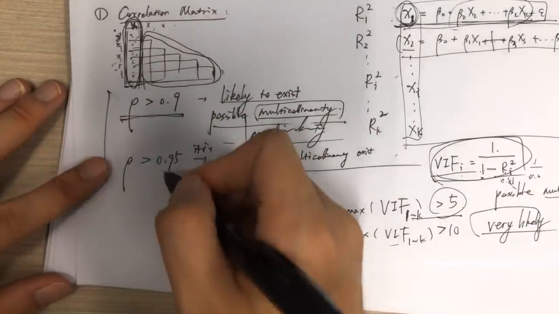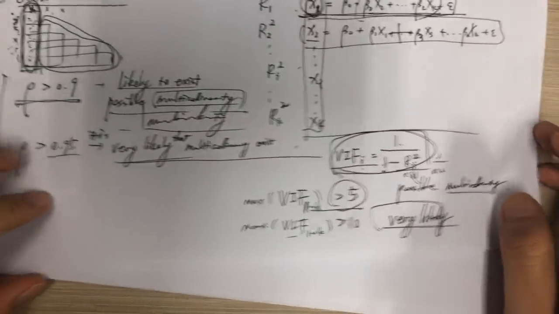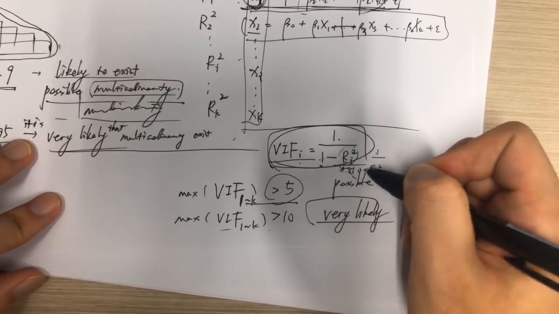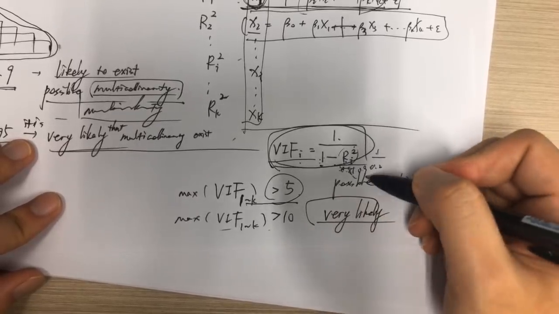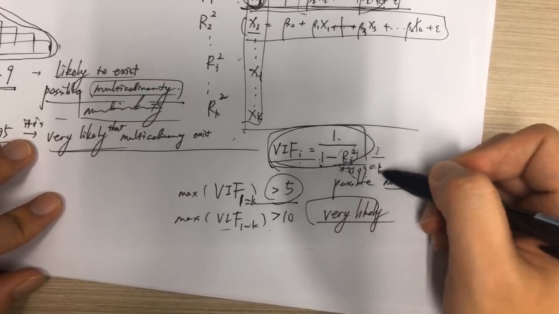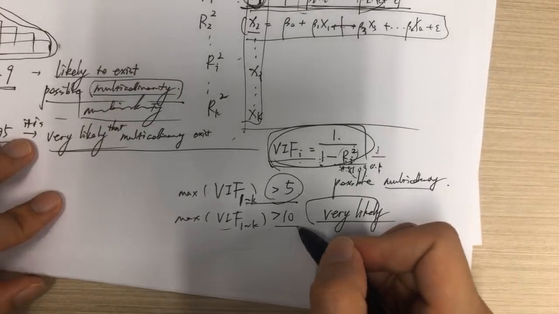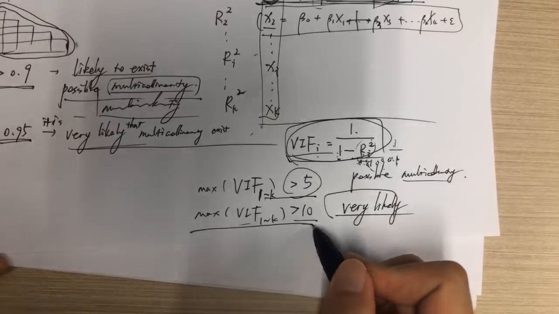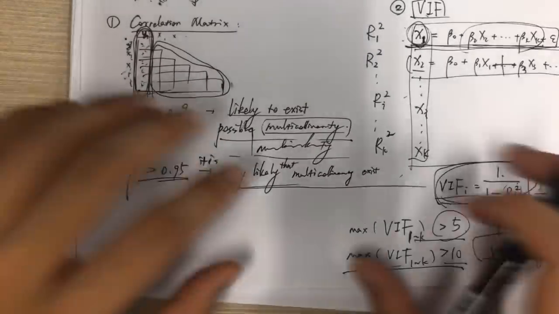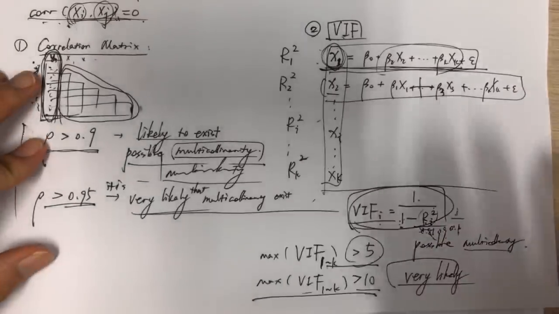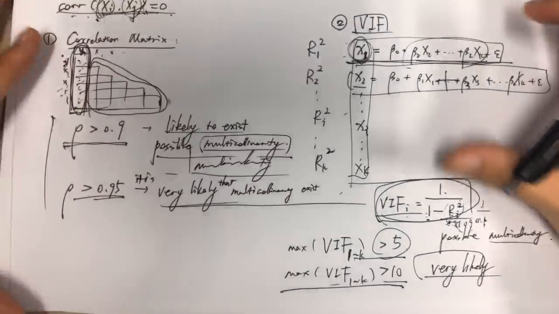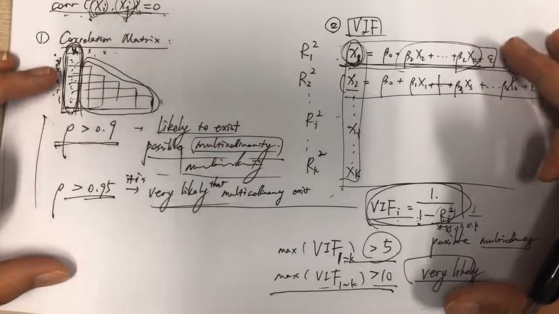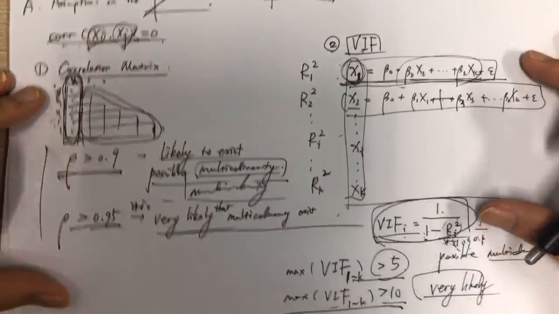And also, if it is greater than 0.95, 0.95 squared is about 0.9, right? So 1 minus 0.9 is 0.1, 1 over 0.1 is 10. So you can see greater than 0.95 is equivalent to VIF greater than 10. They're not exactly the same, but very similar measurements of multicollinearity.